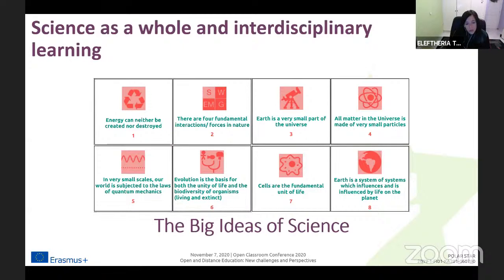What is going on in the microcosm, so in very small scales. One is about evolution, another one is about cells, and the last one is about what's happening on Earth, I'm sorry.